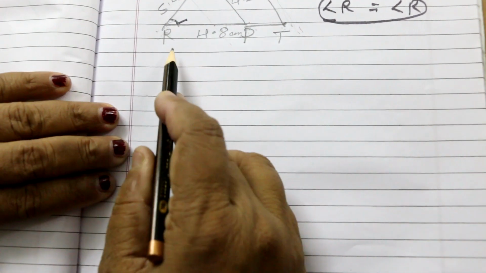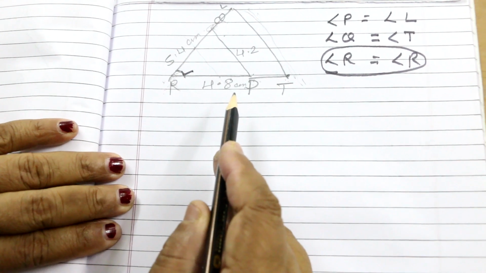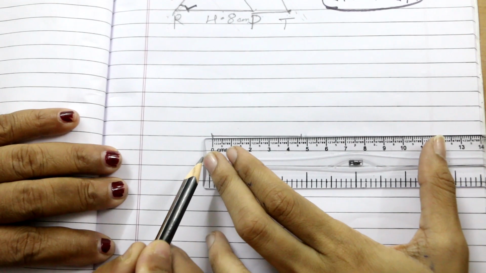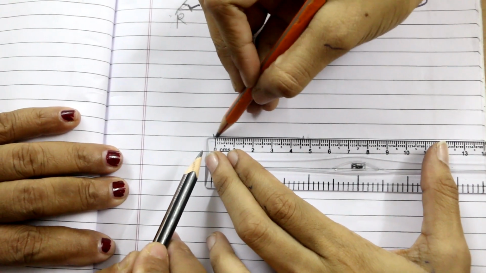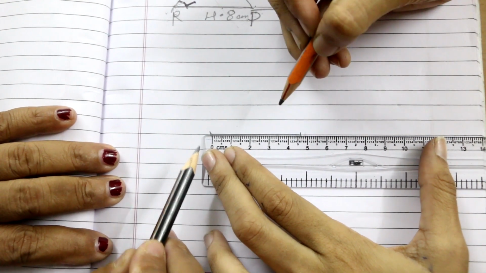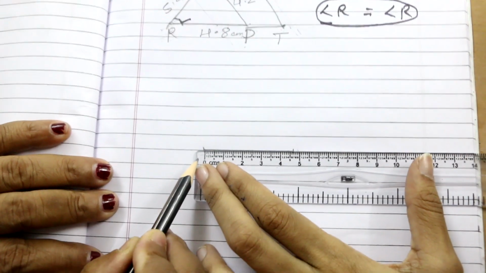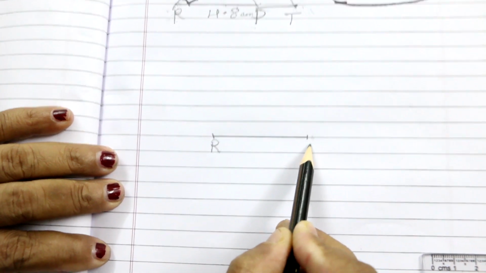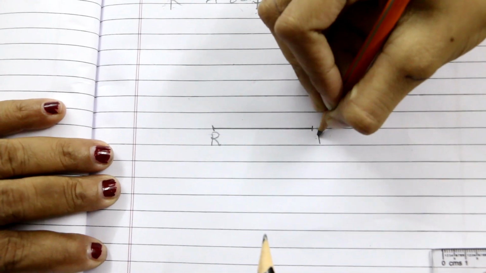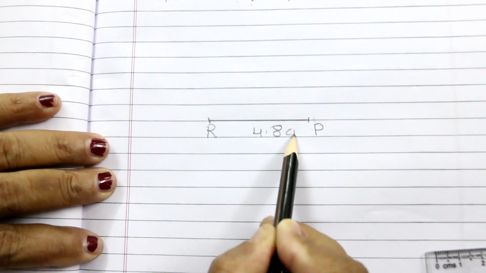For that we have to draw RP 4.8 centimeter. Take the scale and draw a line. As per the rough figure, mark point R and P. 4.8 we have already taken.